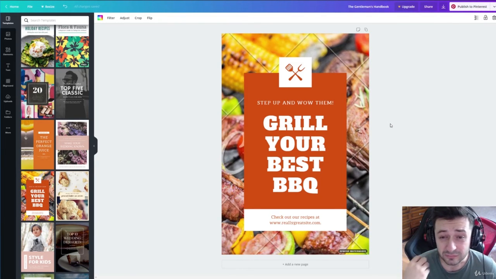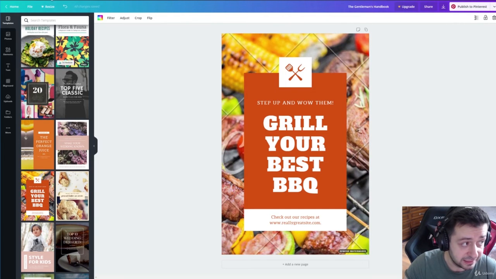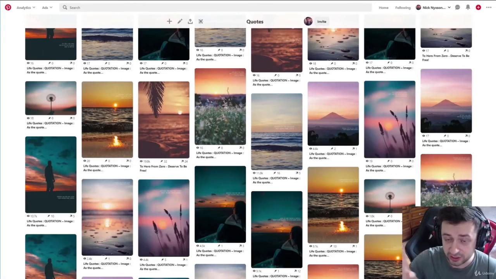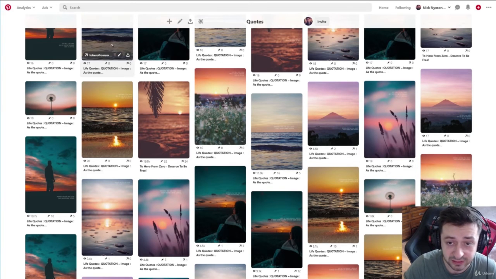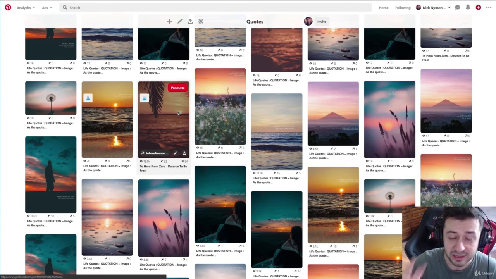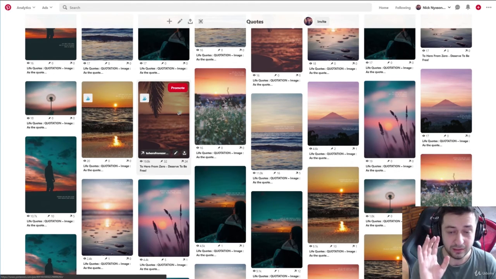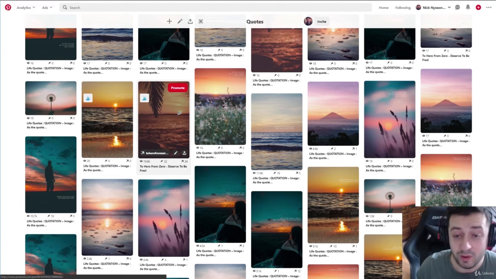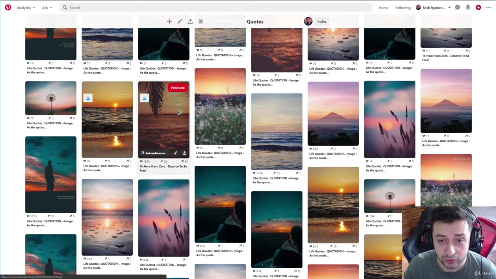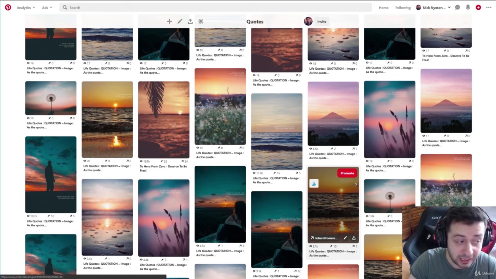So in my case, just to wrap it up, what exactly I did: I found out that with that pin, the very popular pin, there were only two elements that were actually important. One was the picture itself, and second was a quote, because there were no other elements on the picture as well. The third element that was very important was the visibility of the quote, because you cannot see the actual quote here.